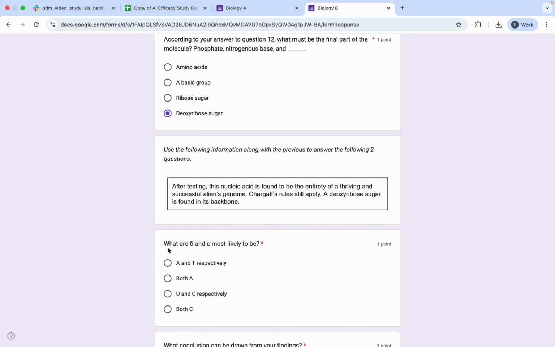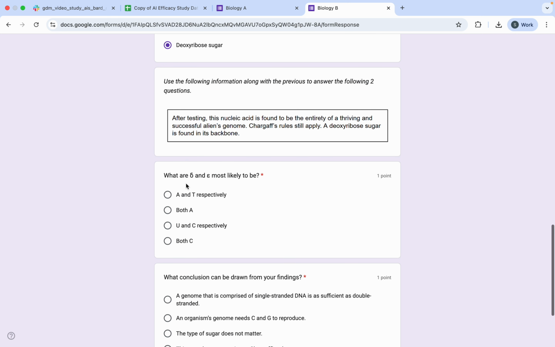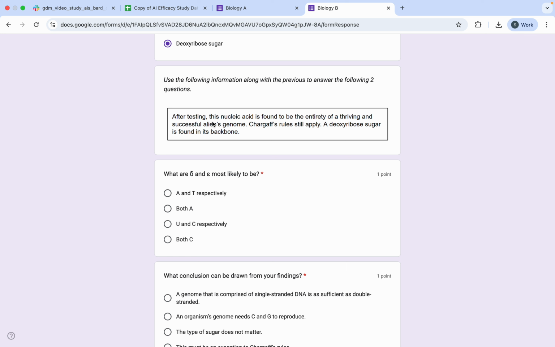Use the following information along with the previous to answer the following 2 questions. After testing, this nucleic acid is found to be an entirely alien genome of a thriving and successful organism. Chargaff's rules still apply.